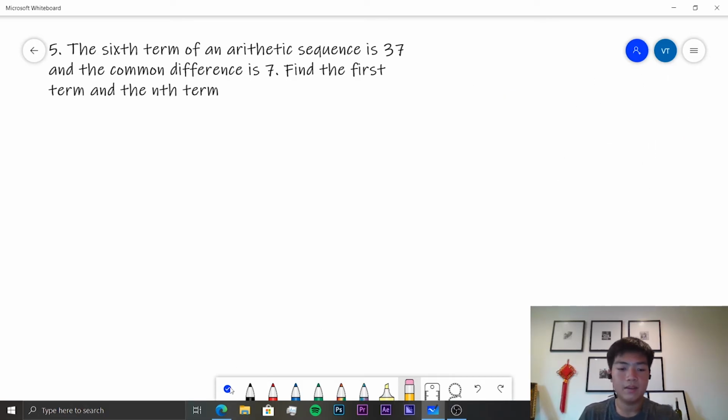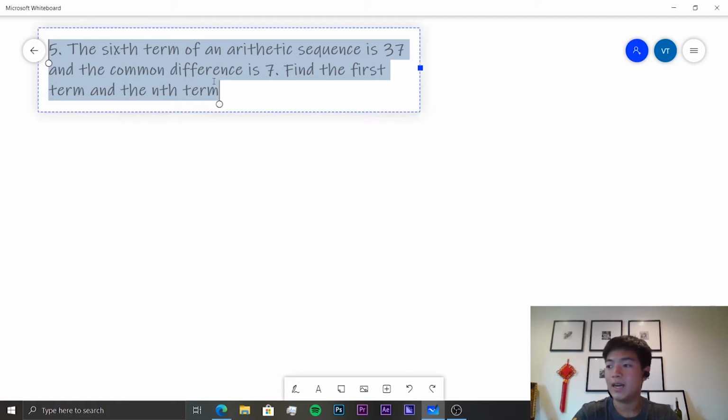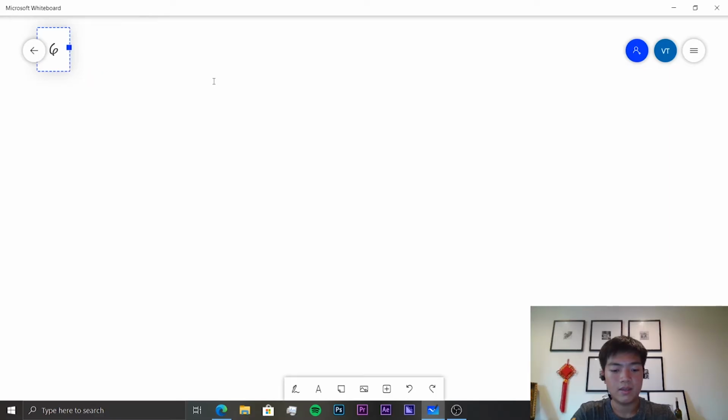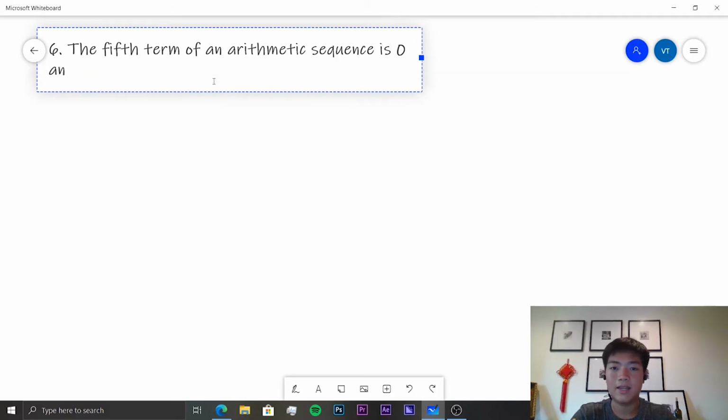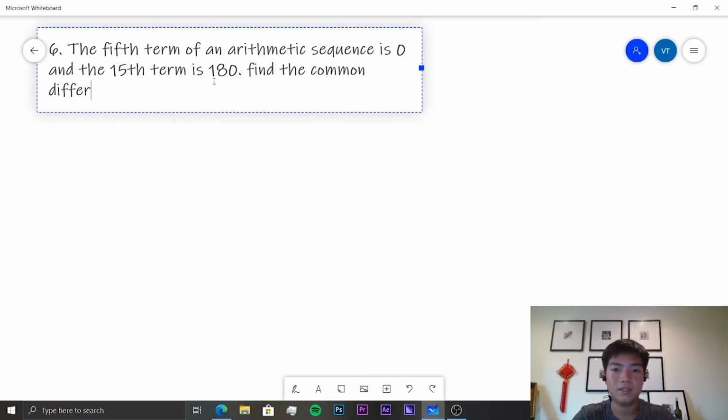Okay, and so for the next question, we have the fifth term of an arithmetic sequence is 0, and the 15th term is 180. Find the common difference and the nth term. Okay.